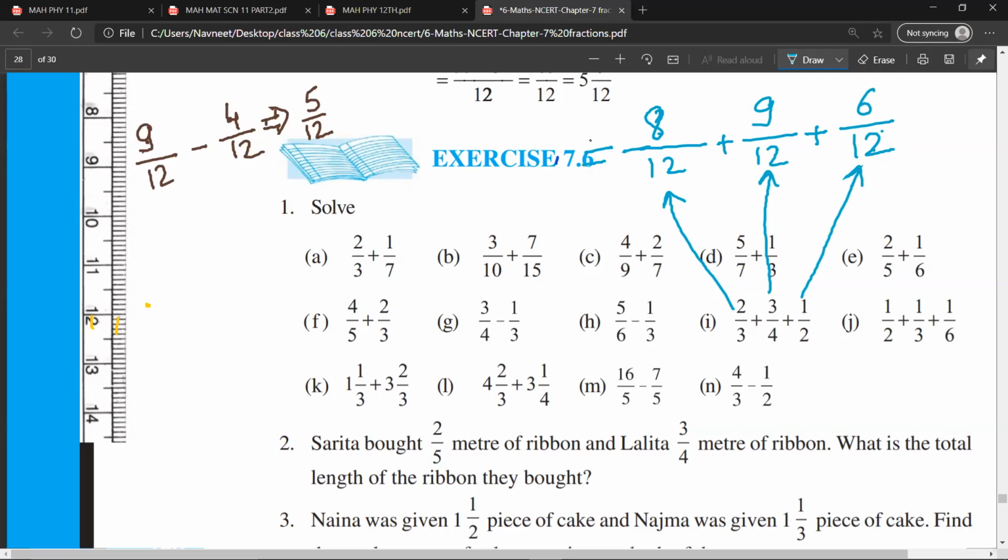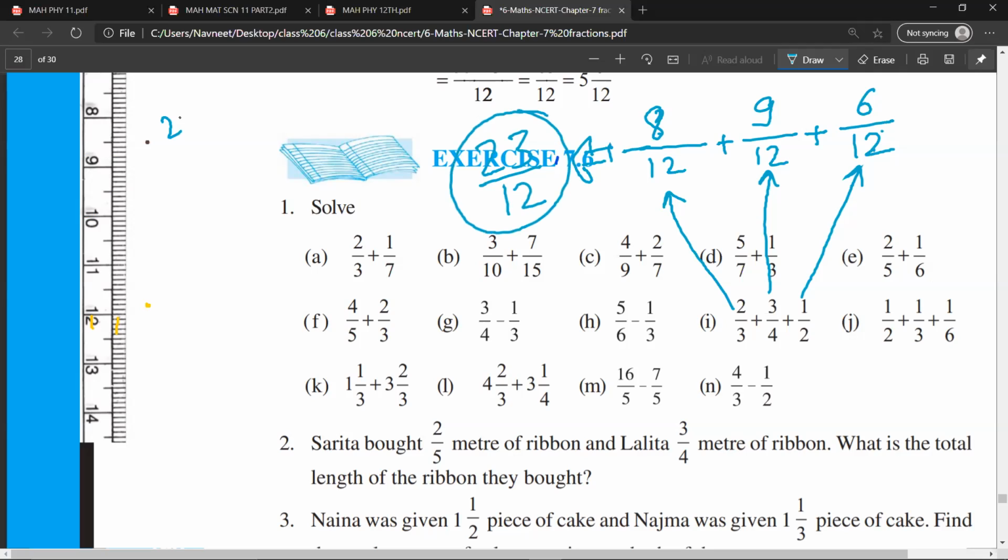And this will be equal to 23 by 12. Perfect. Very nice. 23 by 12 would be the final answer.